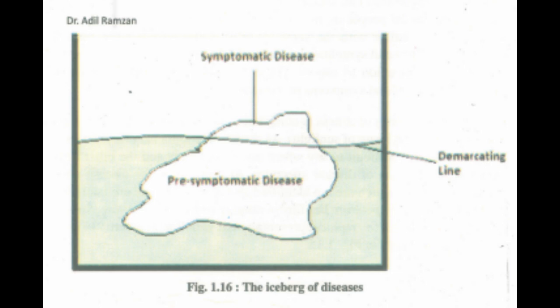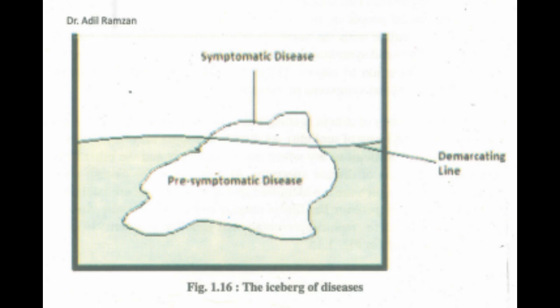It is like an iceberg which has a small floating tip, i.e., few clinical cases, which is visible on the surface of water, and a large submerged part in the water which cannot be seen, i.e., a large number of undiagnosed cases. There is a line of demarcation between pre-symptomatic cases, carriers of disease or missed, and symptomatic cases at the same time and at the same place, out of which symptomatic are able to get diagnosed.